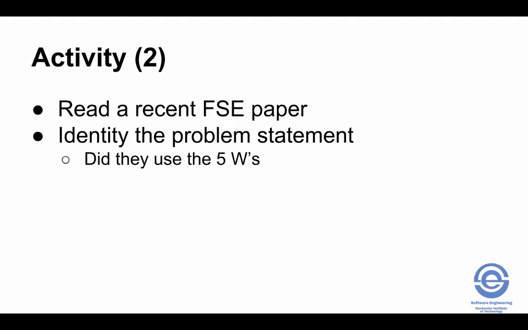It will take a little bit of work on your part to find the most recent FSE papers. I think finding these papers is a good exercise in itself, so it'll give you some familiarity with FSE. And once you find a full paper that you're interested in, read the problem statement and decide if they use the five W's.